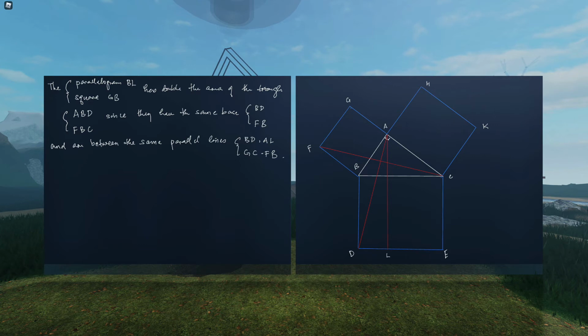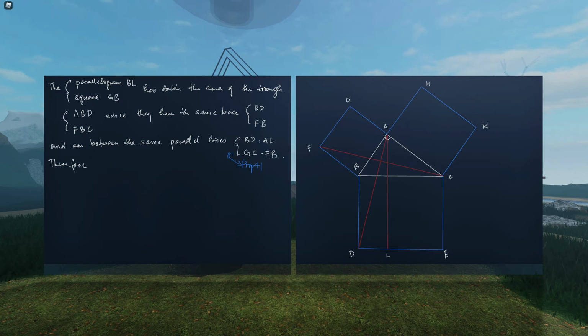I've just explained on the diagram what's going on, so let's write it out. Now the areas of BL and GB are the same, right? So therefore, the areas. Oh, I forgot to say previously, the proposition we're relying on here is proposition 41. So this argument is because of proposition 41.